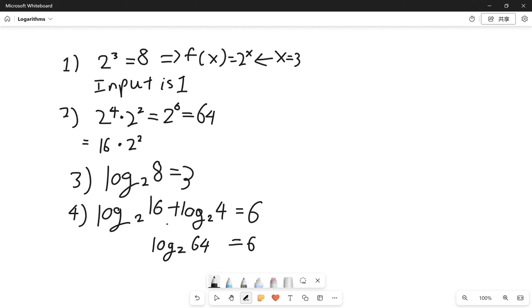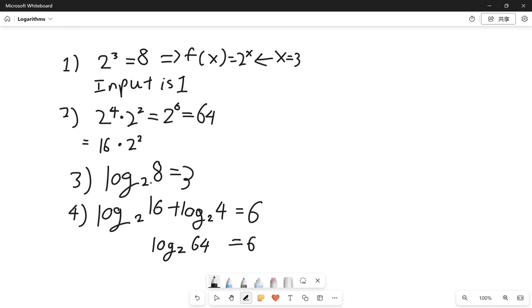Now if you combine these, it essentially means how many minutes I have to double 1 such that it gets to 64. That's the same thing as starting with 16, then doubling 16 two times, such that it's 16 times 4, then you get 64, right? So that's the same thing as this.